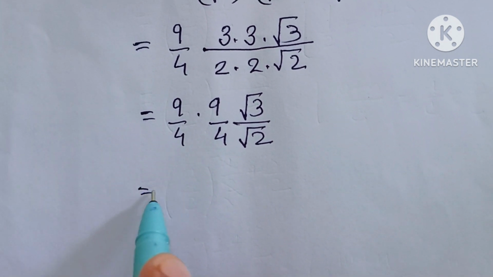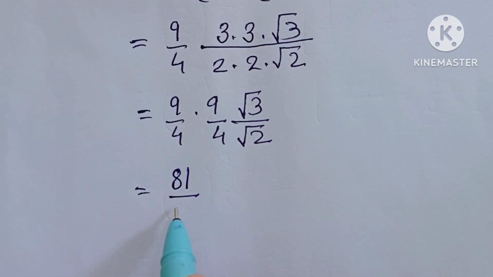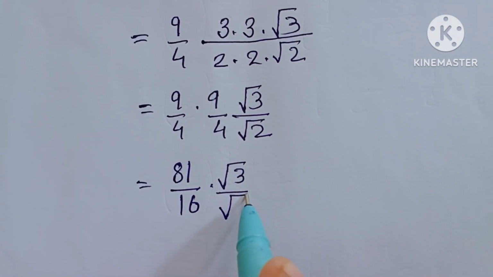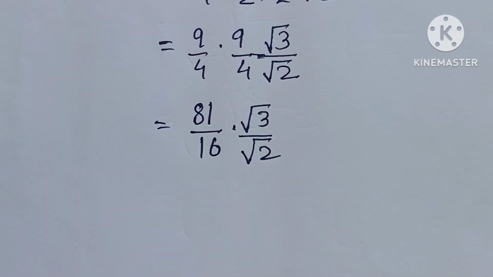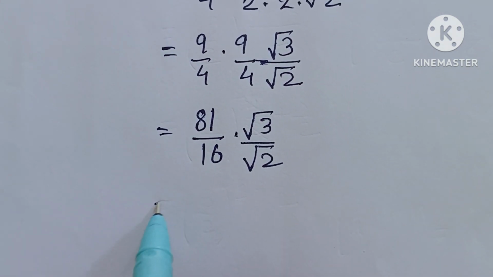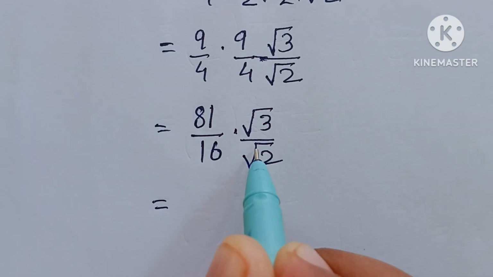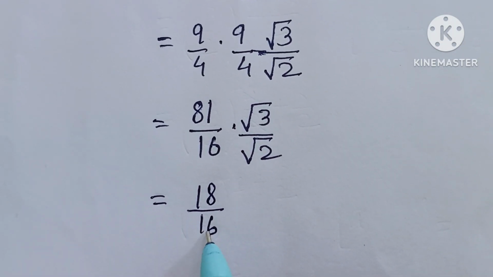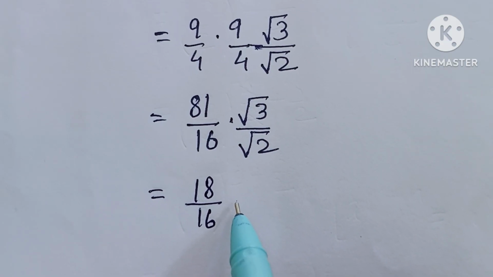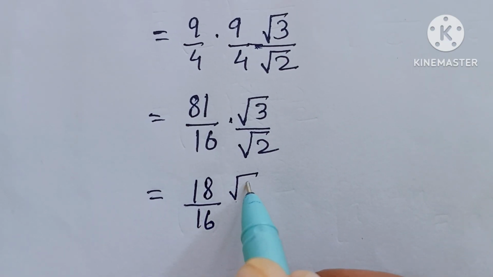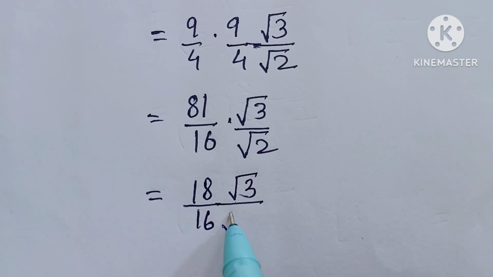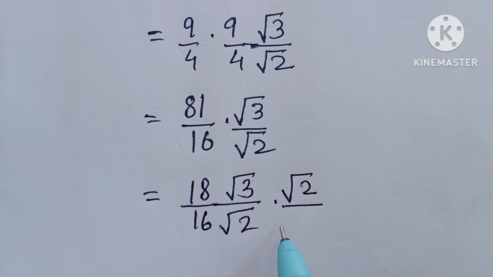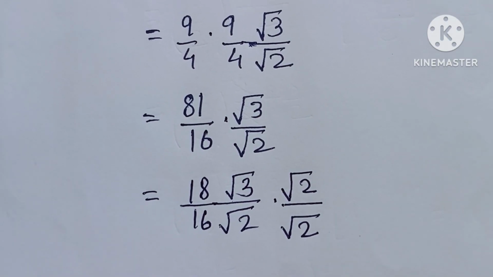Now here 81/16 into root 3 by root 2. Now we have to solve this by the conjugate method. We have to multiply and divide this by under root 2. So 81 divided by 16, root 3 root 2 into root 2 divided by root 2.